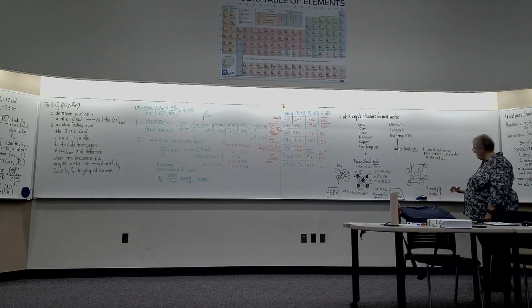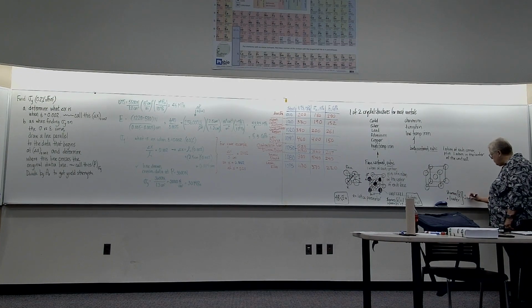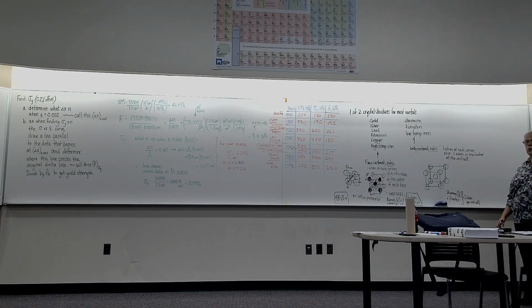So for BCC, I have 2 atoms per unit cell. Note that this BCC unit cell is not exactly half as big as the FCC unit cell, but it's close to that. So it's not like they're all spread out in BCC and not in FCC.